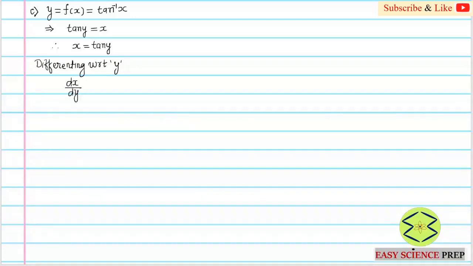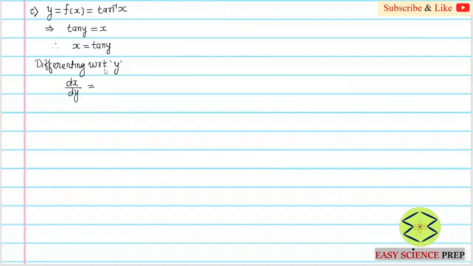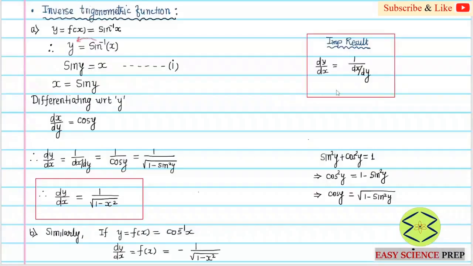You can see here we already got the results. The derivative of tan x is secant square x. So the derivative of tan y would be secant square y. Therefore by this rule, dy over dx equals 1 divided by dx over dy.